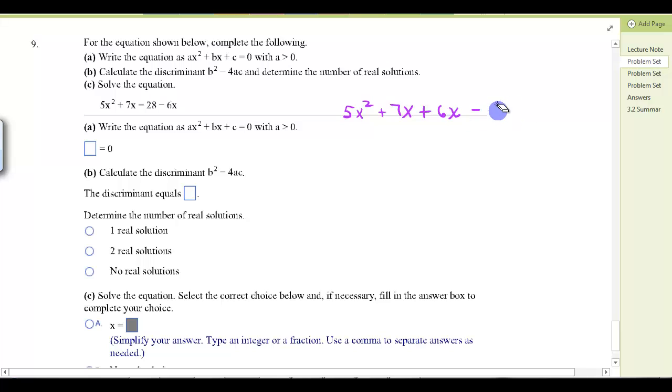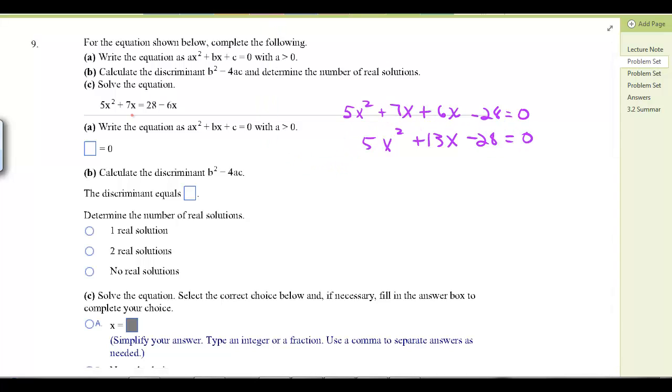I wrote that really badly, sorry. All right, and I'll make that a little bit cleaner. So we can see that in this box right here, we're going to put 5x squared plus 13x minus 28.